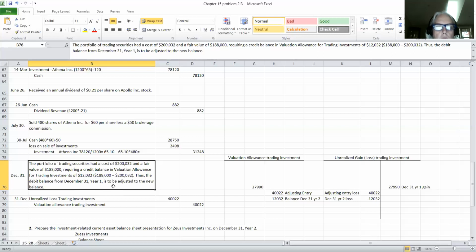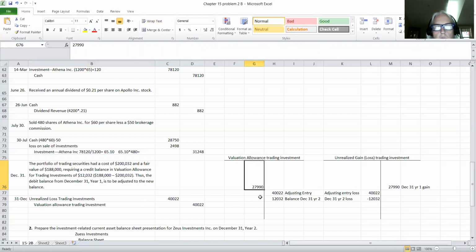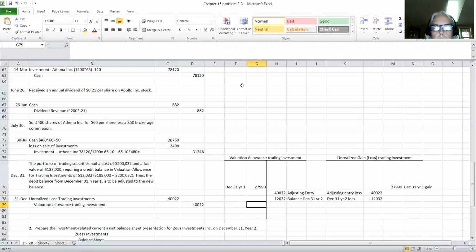So we really started with what we had last year in the valuation allowance account. And from last year, we had $27,790. And I probably should have put here that this was December 31st, year one there, so you'll know where that came from.